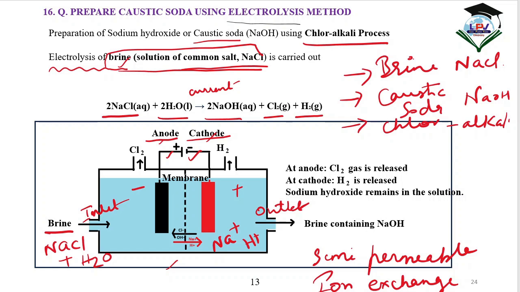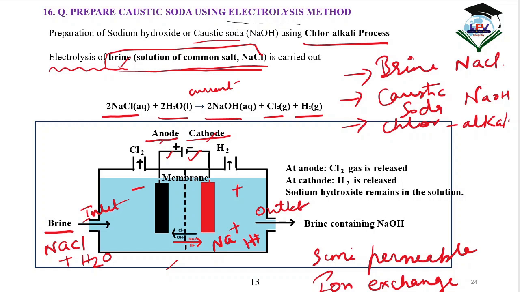So the purpose of the membrane is to allow only the positively charged ions like Na+ and H+ through, along with water, through the permeable membrane, and it prevents the back diffusion of the same.